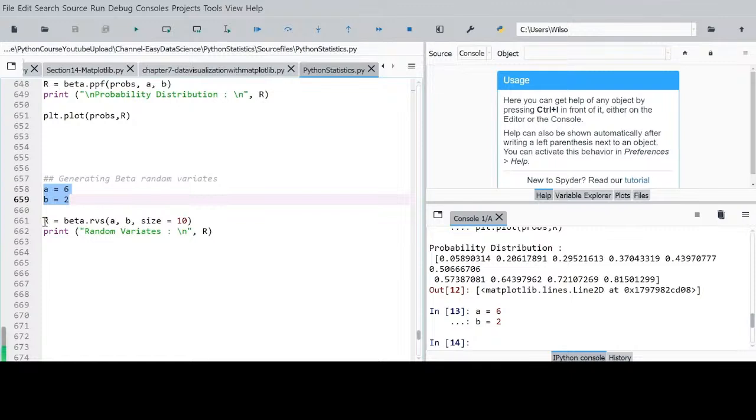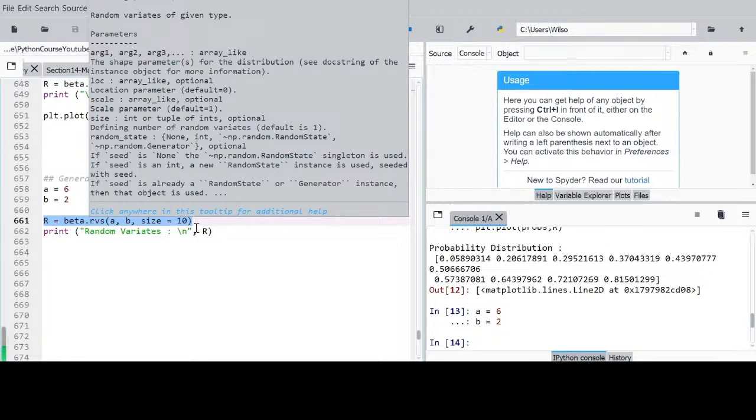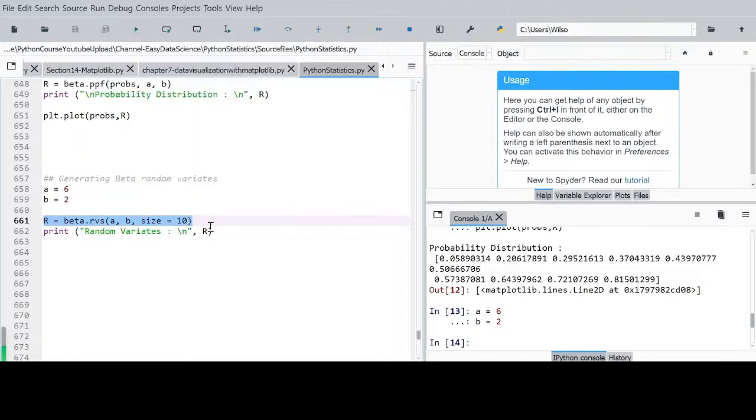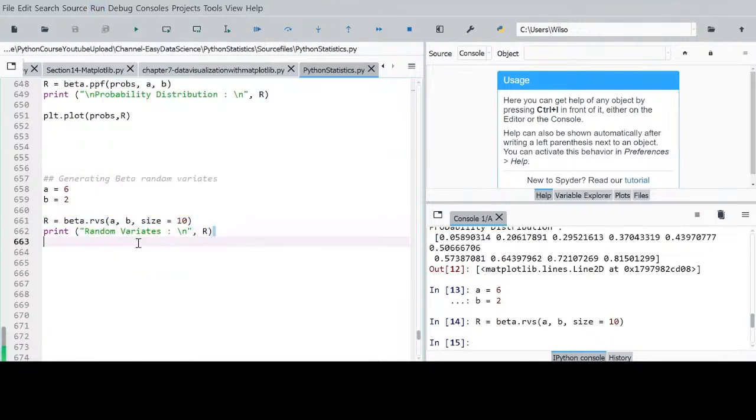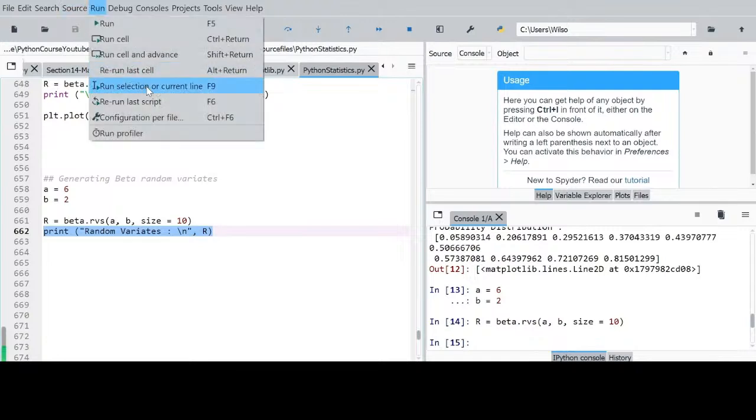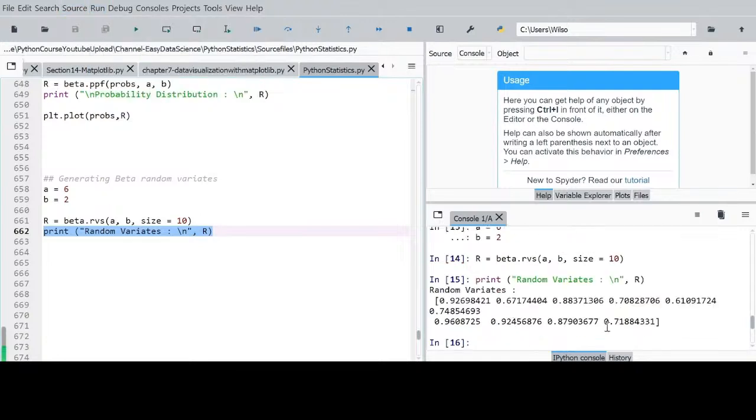Then we use the function called beta.rvs, random values, with a, b, and size 10, which means we want to generate 10 such beta random variables. Next we will show these 10 numbers. So you can see all values are between 0 and 1.